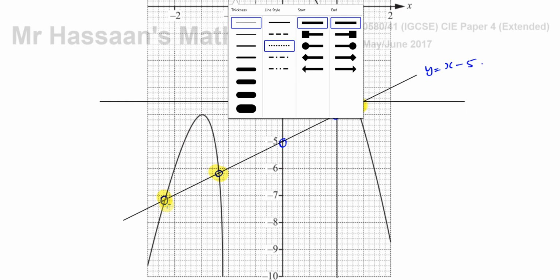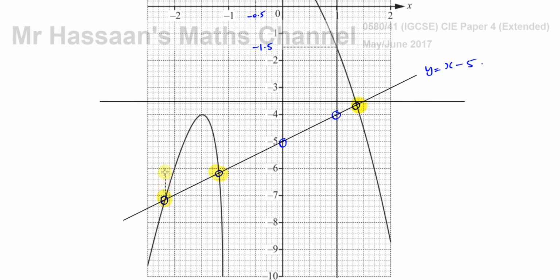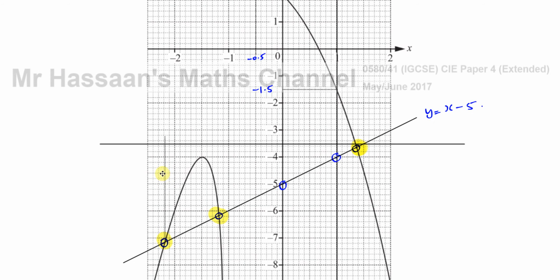So I can take this over here and draw it up there. Take it up to the axis so that we can see what number it's on.